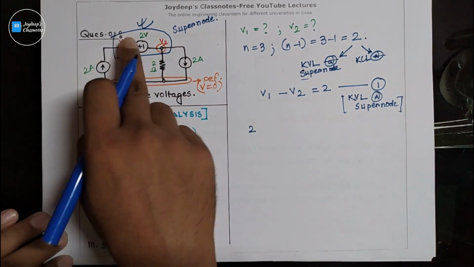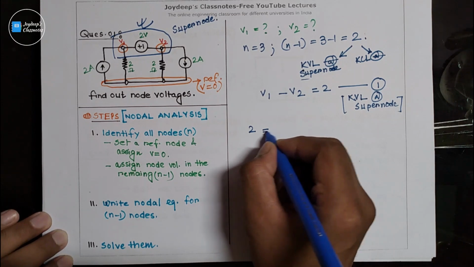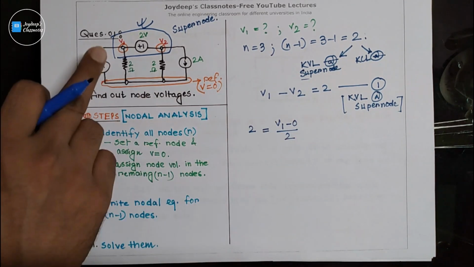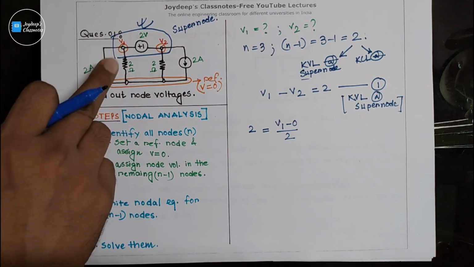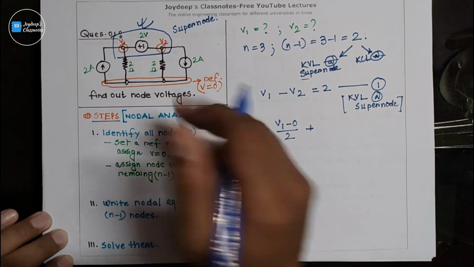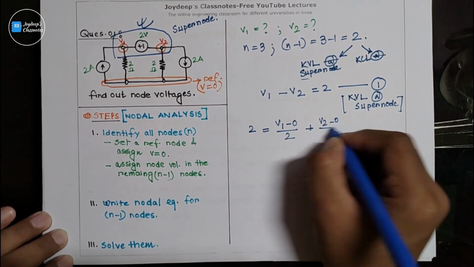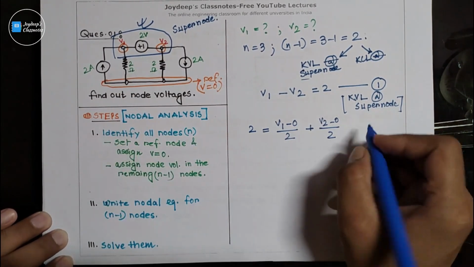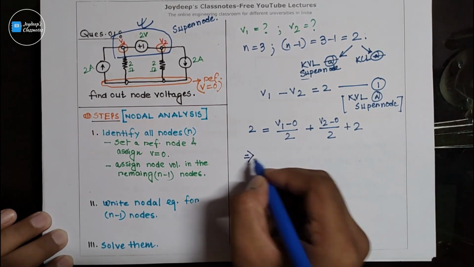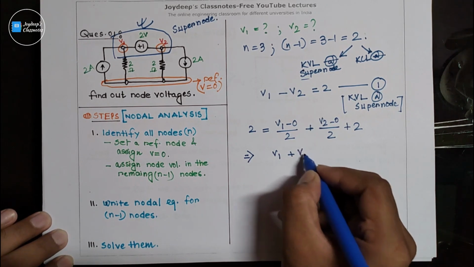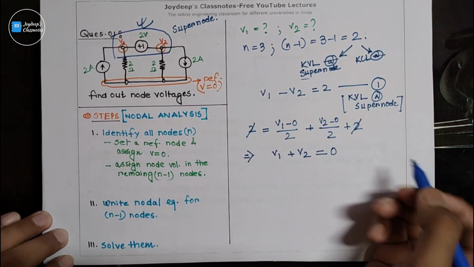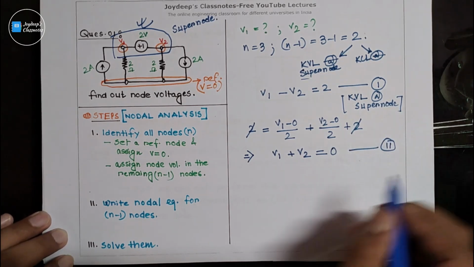So 2 amperes coming in equals V1 minus 0 divided by 2, plus V2 minus 0 divided by 2, plus 2 amps. So what does it become? V1 plus V2 equals 0. That's your equation number 2.